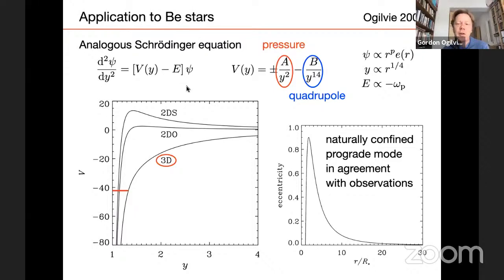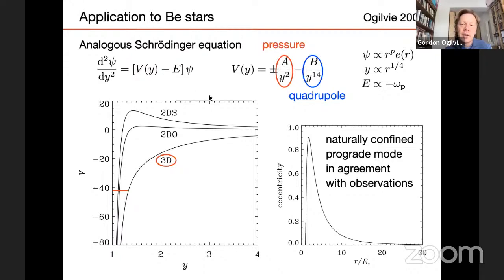As I say, the eccentricity equation can be converted into an analogous Schrödinger equation, and the problem of finding an eccentric mode around a BE star is equivalent to looking for a bound state of the Schrödinger equation in an effective potential well.